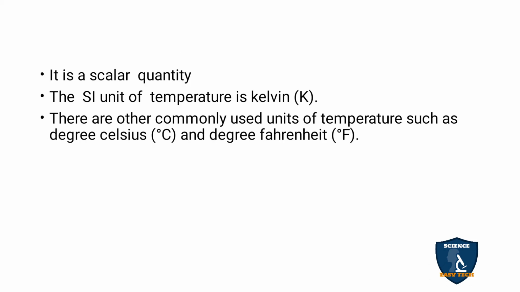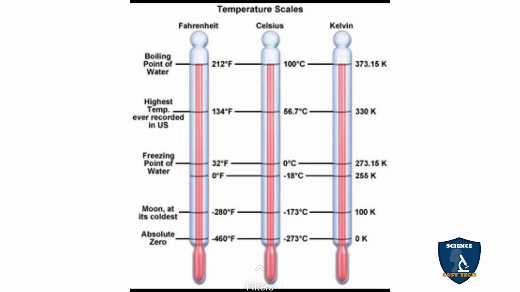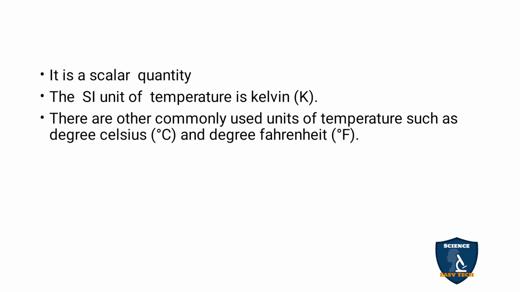Temperature is a scalar quantity because it is determined by only one property. The SI unit of temperature is Kelvin. Other commonly used units are degree Celsius and degree Fahrenheit.